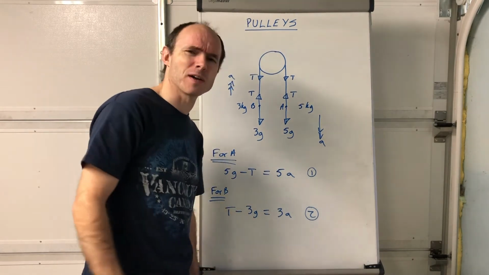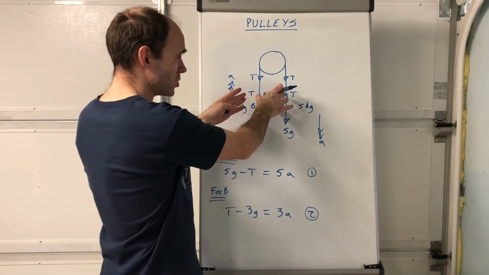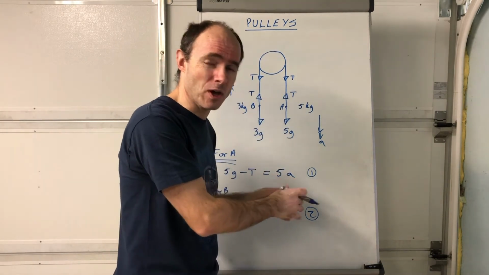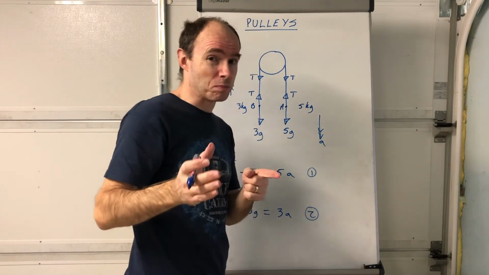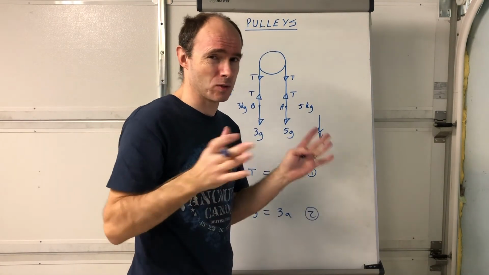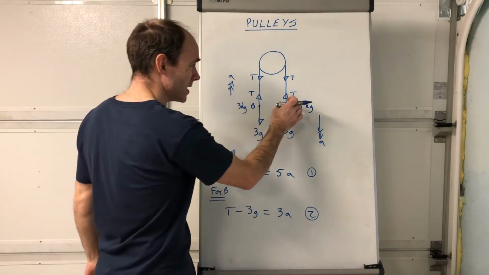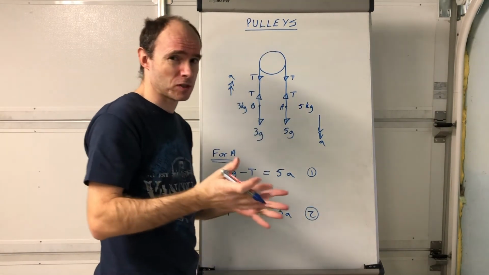I love those car tow and trailer type questions, they're great. But despite the fact this is a pulley, you should be able to see it's pretty much the same thing going on. What you can't do with pulleys is effectively treat this as one system overall. Don't do that, you get into a total mess, and most of the time it's completely wrong. You need to treat A and B as two separate objects.